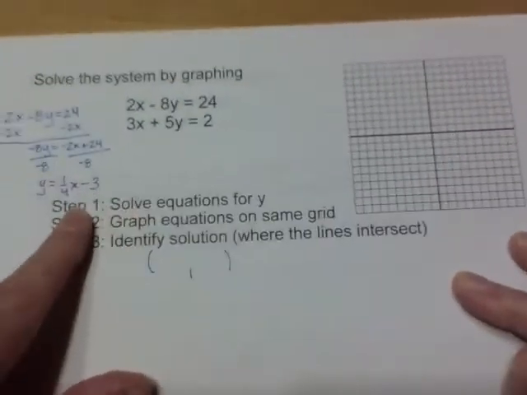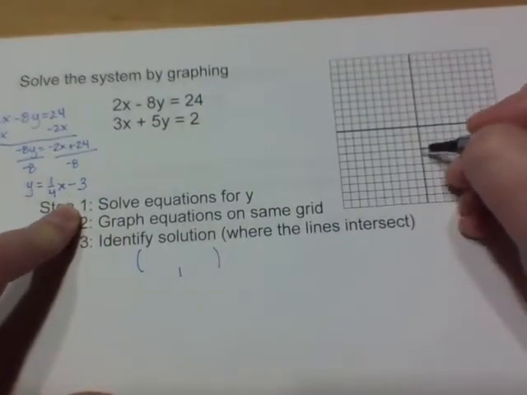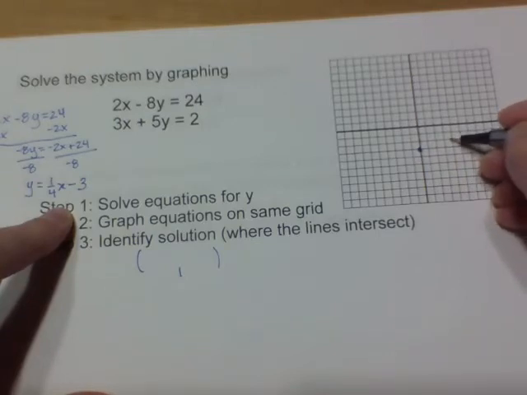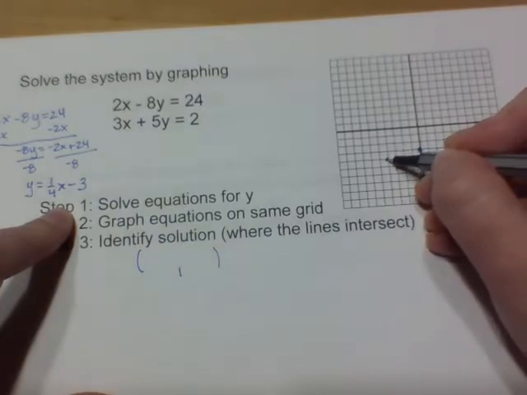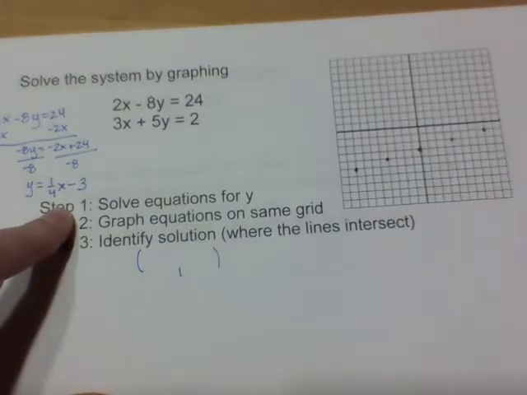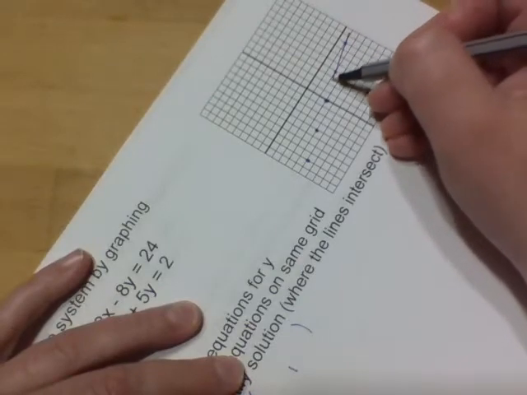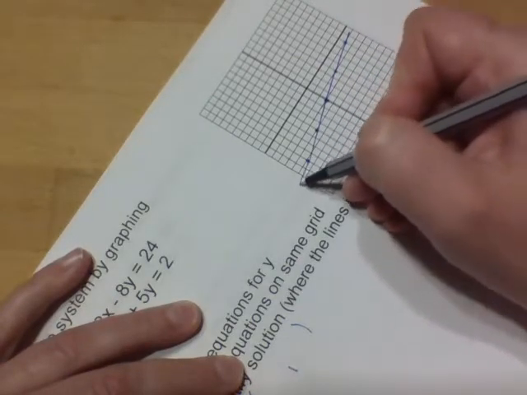So we take the time to graph this blue equation here by starting at negative 3, and then from there going up 1 over 4 squares, up 1, over 4. But then also down, because you never know if the equation is going to meet over here. And so that is our first equation, and we're going to hopefully find where that one meets this next equation here.